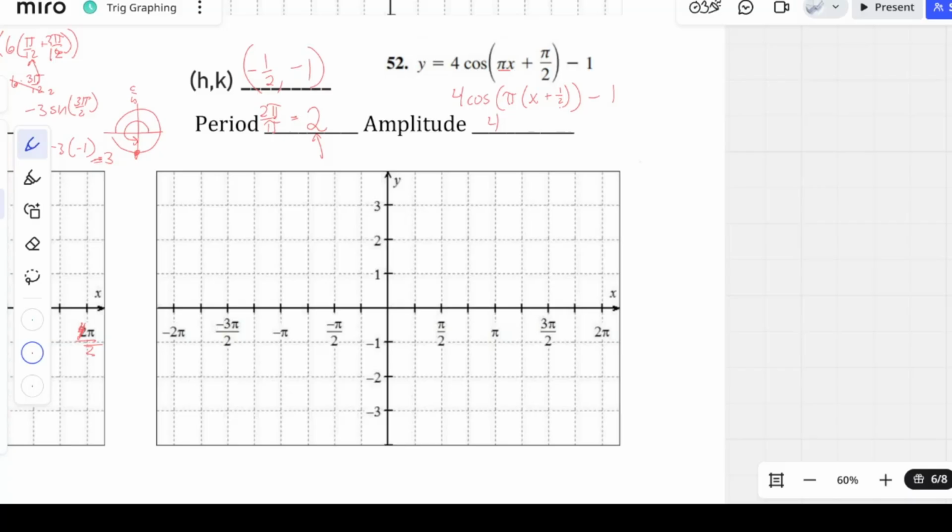I'm going to choose this one, this one, for no particular reason. You notice I didn't do the quarter period in this case. I could, though. It'd be 1/2. -1/2, -1. That'll be my HK.